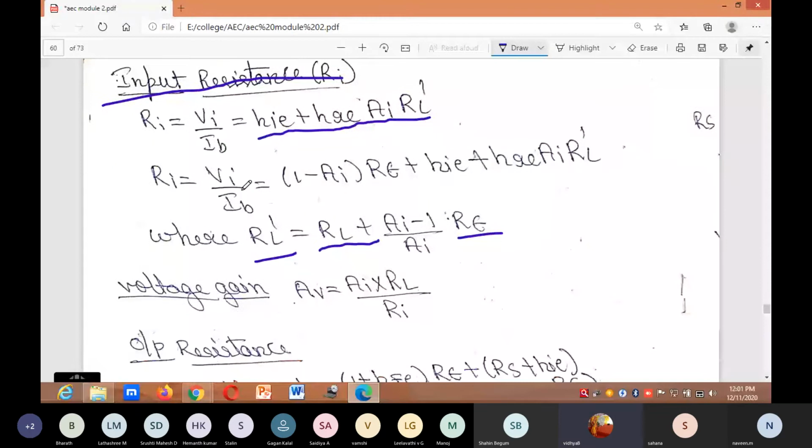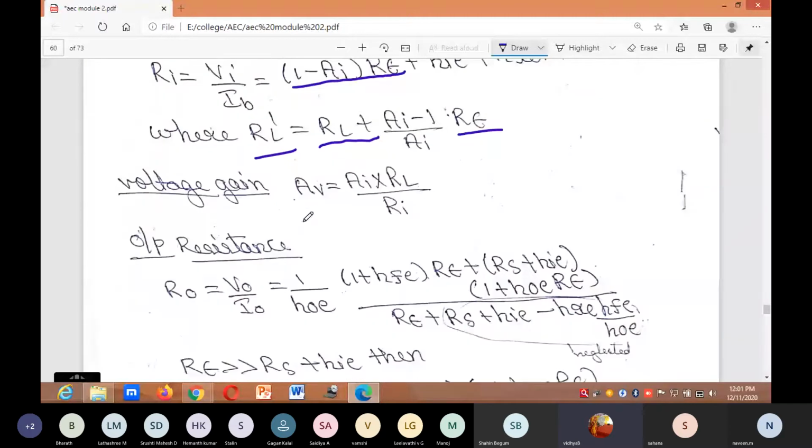If we substitute, Ri is equal to HIE open bracket 1 minus AI into RE plus HIE plus HRE AI into RL dash, where RL dash is equal to RL plus (AI minus 1) divided by AI into RE.